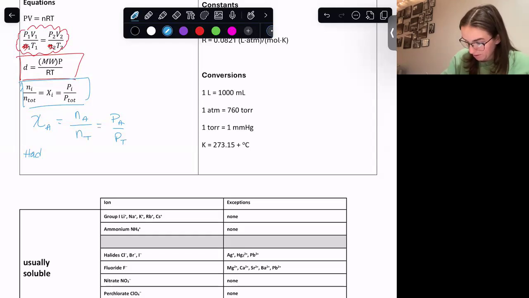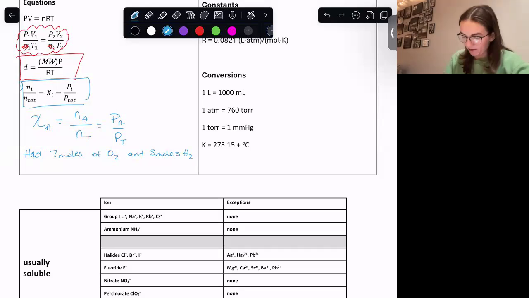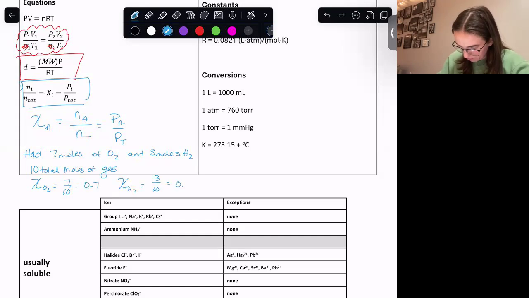If we had 7 moles of O2 and 3 moles of H2, we now have 10 total moles of gas. And so the mole fraction for O2 is 7/10 or 0.7, and the mole fraction for H2 is 3/10 or 0.3.